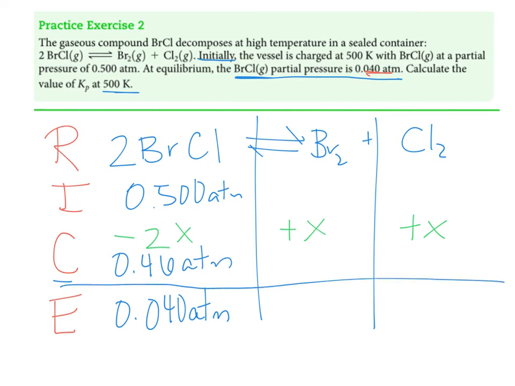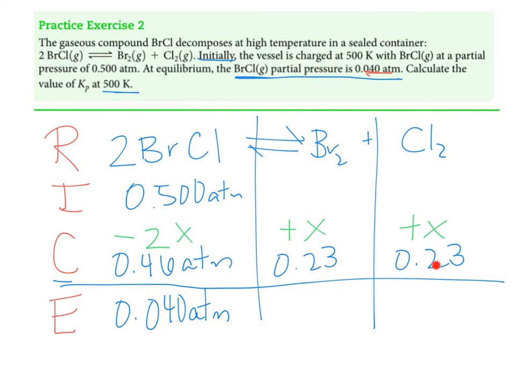Okay, so if that's 2x, then x would be half of that. 0.46 divided by 2 is 0.23. So again, if this decreases by 0.46 atmospheres, that means since it's 2 to 1 here, this would increase by half of that, and this would increase by half of that.